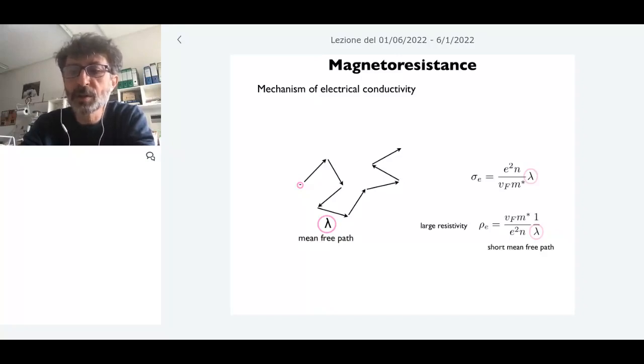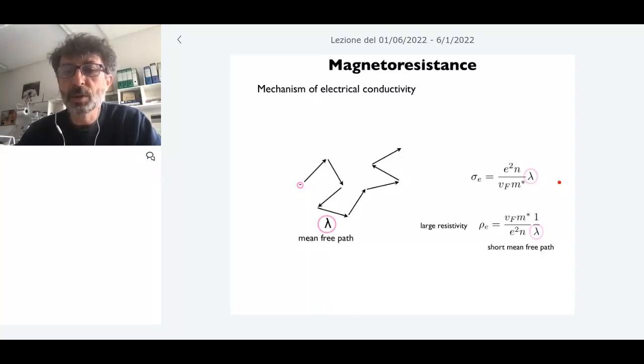So the equation that you see here at the right-hand side essentially says that conductivity depends, apart from the elementary charge squared, on n, the number of electrons, let's say per unit volume or per atom, which is quite large. Then the Fermi velocity, which is also a quite large number.